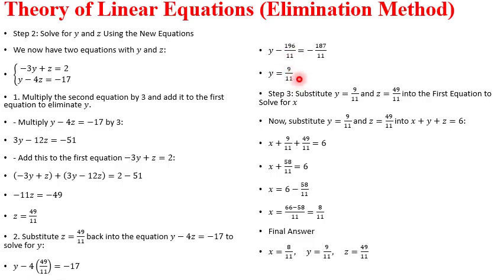We can also substitute 9 all over 11 for y and 49 all over 11 for z into any of the earlier equations to find x. This is the first equation, which may be the simplest to substitute these values into in order to get x, and that is what we've done here. Playing around the equation shows that x equals 8 all over 11. So x equals 8 all over 11, y equals 9 all over 11, and z equals 49 all over 11.